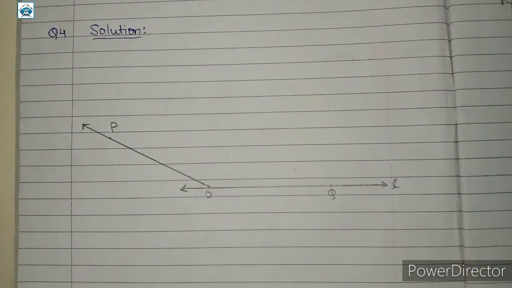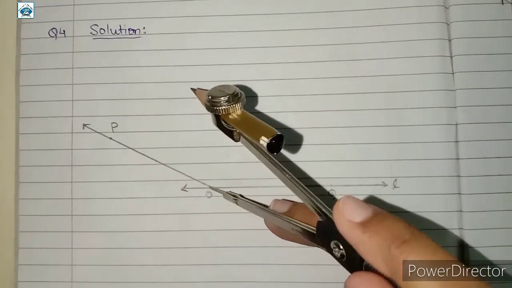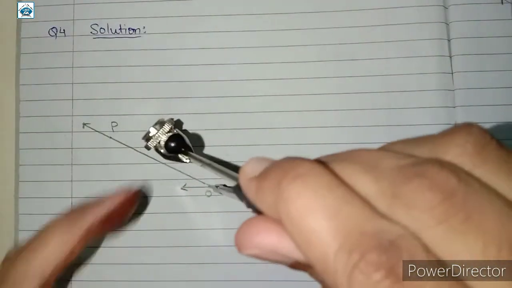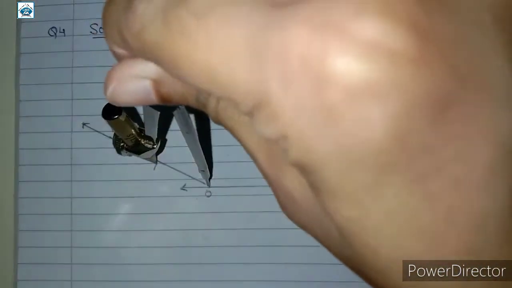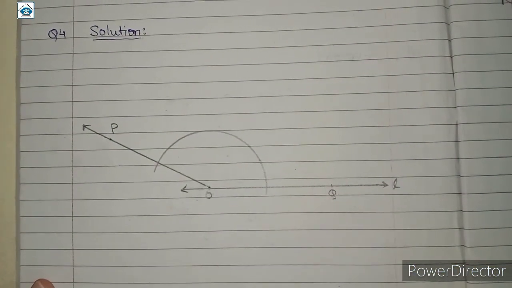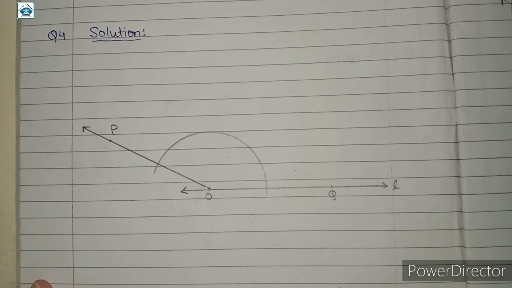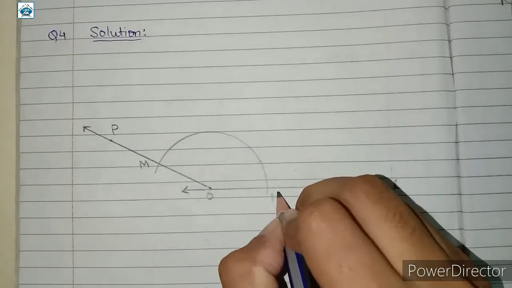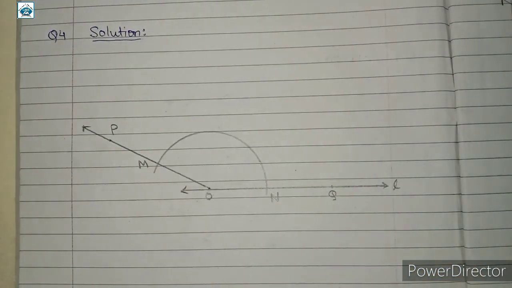Now you are asked to divide this into 4 equal parts. So just like I discussed, firstly we will draw the bisector of this angle. Keep the pointer of the compass at point O, and with any radius I am going to draw an arc like this to intersect both the arms of my angle POQ, and let these points be point M and point N. Now you need to draw the bisector.